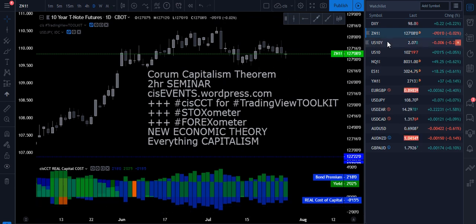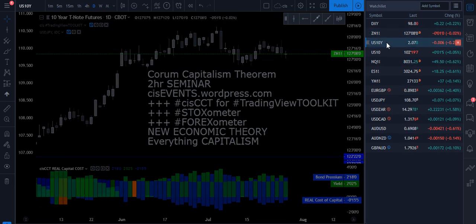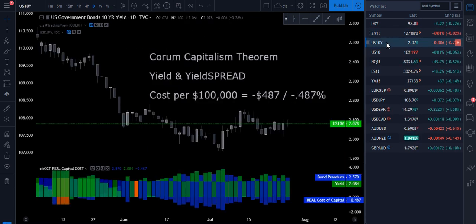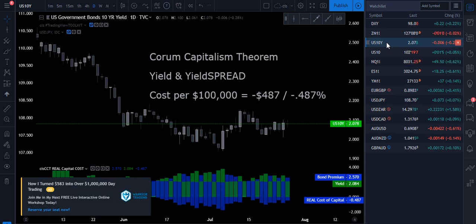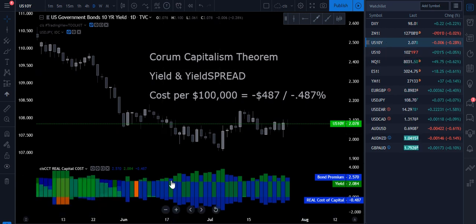First, let's look at the US dollar 10-year government bond yields. In Quorum's Capitalism Theorem, the yield and the yield spread translate to produce a cost per $100,000 of capital. In this case, the real cost of capital, the yield spread, is negative 0.487%.